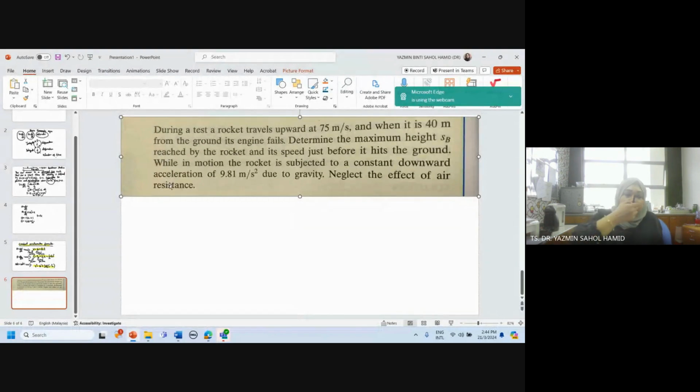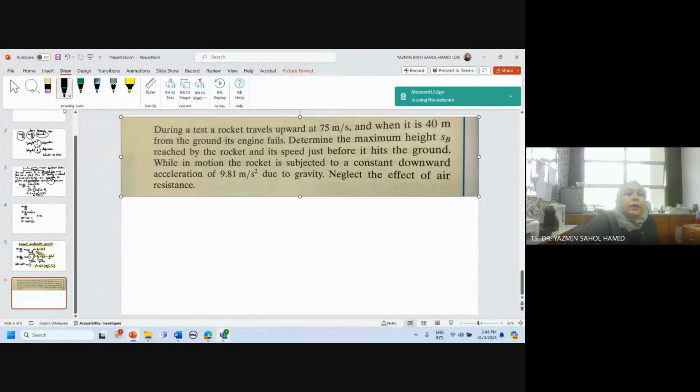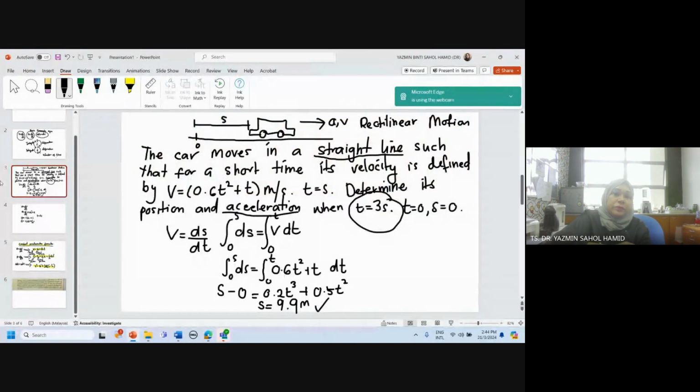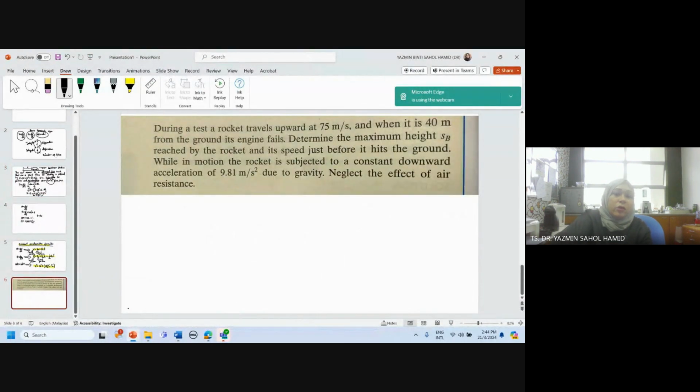All right. Okay, guys, let's read the question. During a test, a rocket travels upward at 75 meters per second, and when it is 40 meters from the ground, its engine fails. So let's say we have a rocket here. This is a platform.